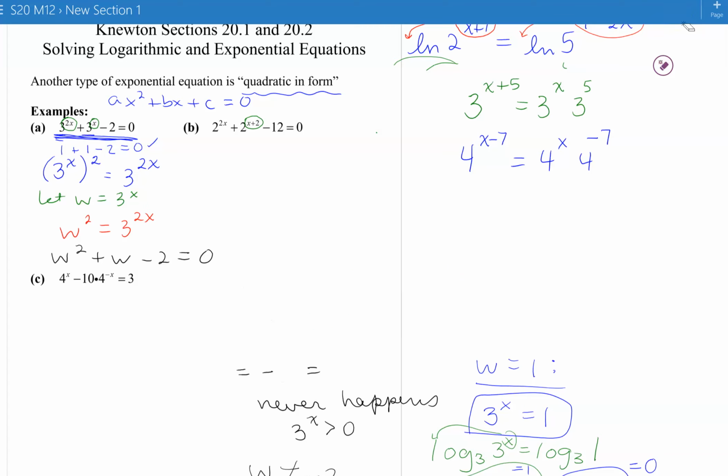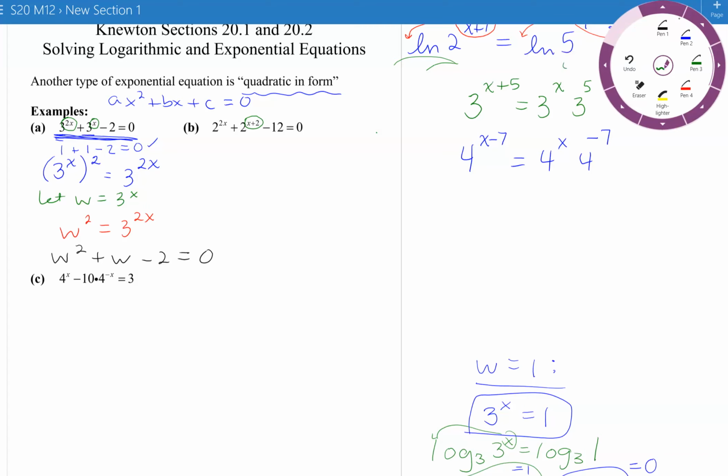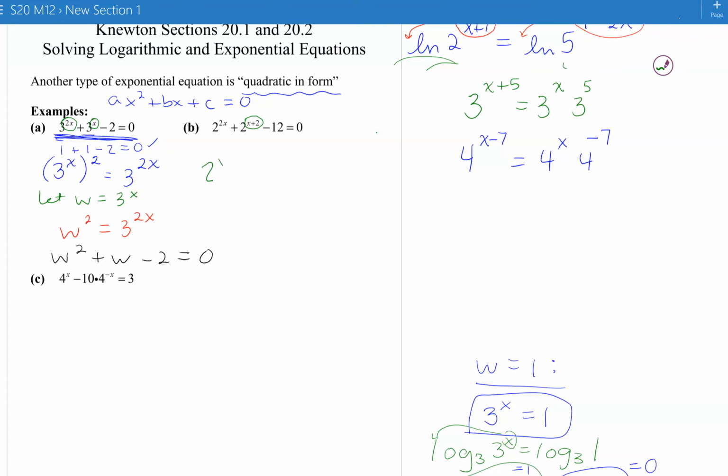So that gives me an idea of how to rewrite this quadratic looking thing as 2 to the x squared plus 2 to the x times 2 to the 2 minus 12 equals 0.